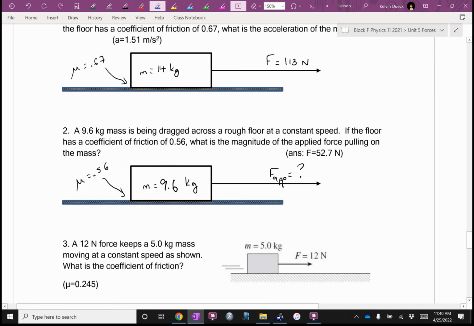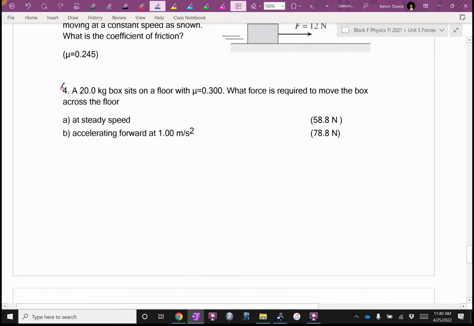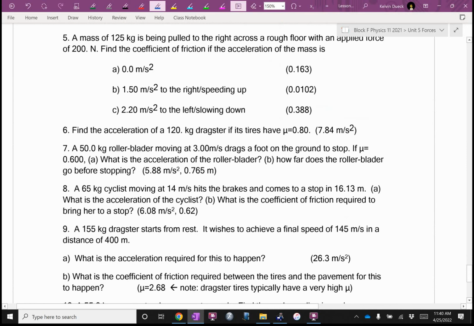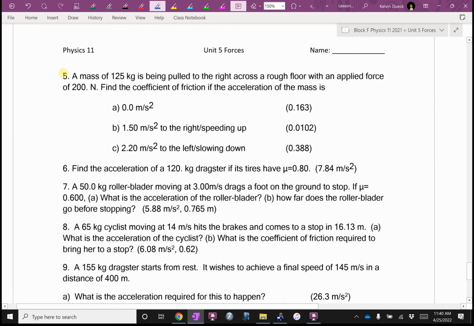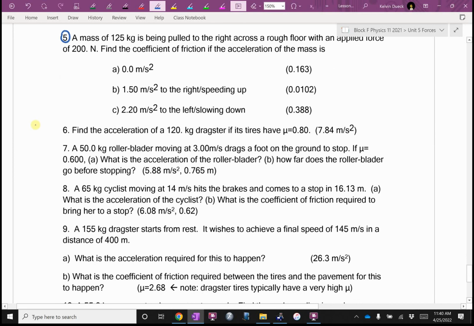One is good. Two is good. Three is good. Four is good. Five is good. Putting a star next to number 6, but yeah, I'm assigning it.